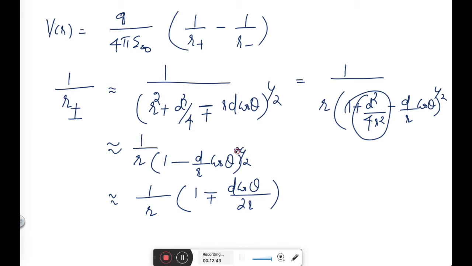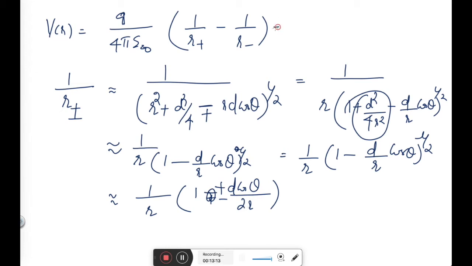Okay, minus or plus, we have one, when it goes to upper, it comes as 1 by r into 1 minus d by r cos theta whole raised to minus half. So it comes like, first approximation, 1 minus half into d by r cos theta. So it comes like 1 plus or minus d cos theta by 2r.